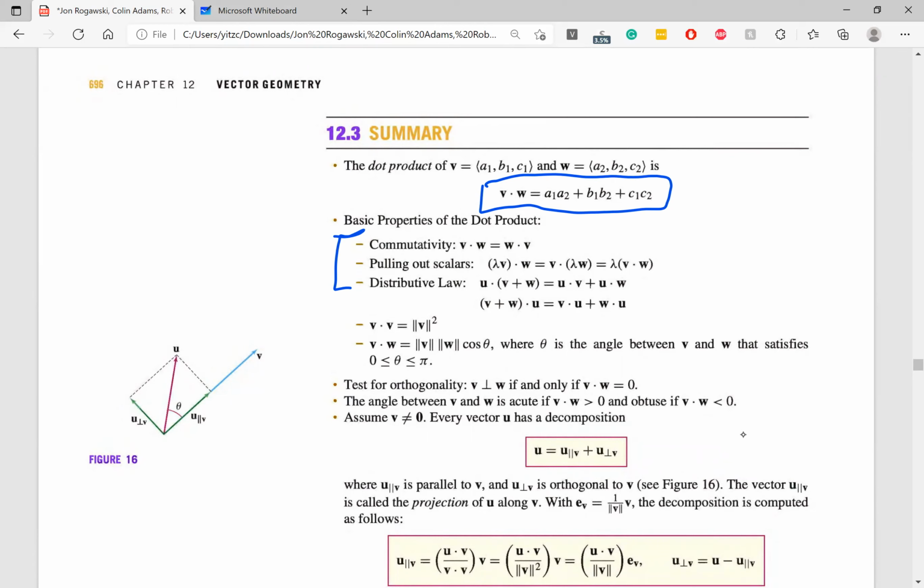The most important formula that we saw with the dot product is V dotted W is equal to the magnitude of V times the magnitude of W times cosine theta. We said that if two vectors are orthogonal, then their dot product is equal to 0. If they're parallel and they're the same, then they're 1.